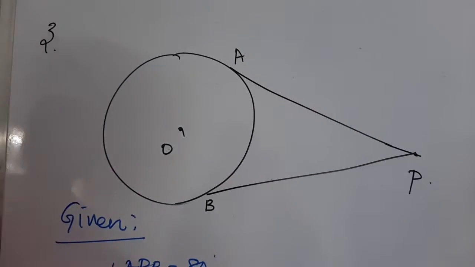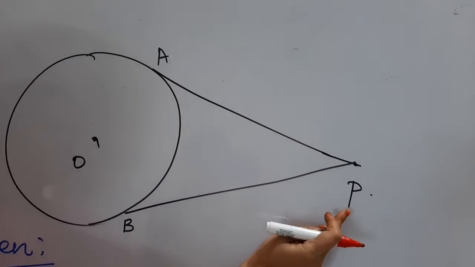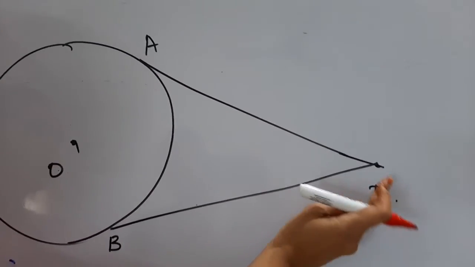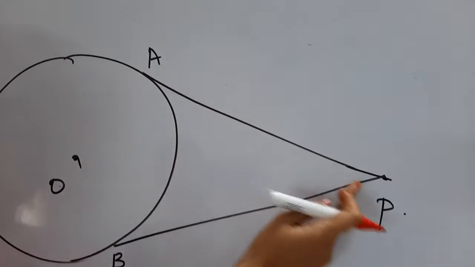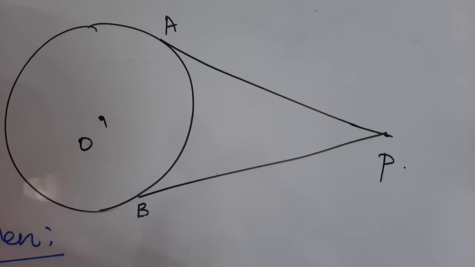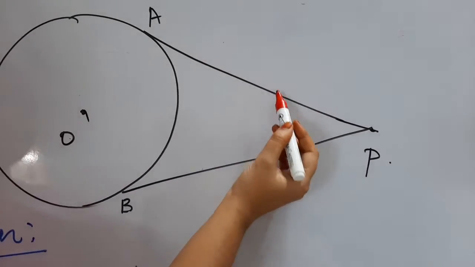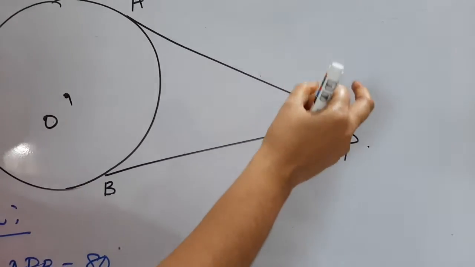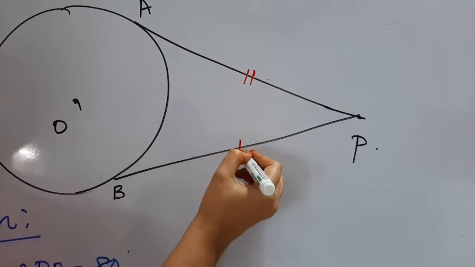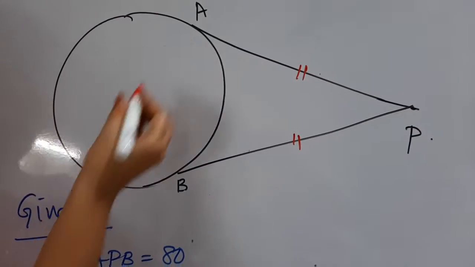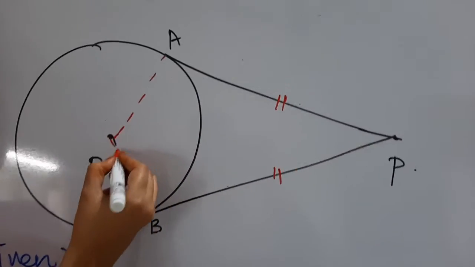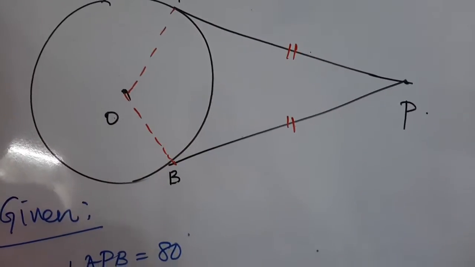Look into the diagram. A point P is taken outside the circle, and from this point P we have drawn tangent PA and tangent PB. By theorem 10.2, what do we know? The length of the tangents drawn from the same external point to a circle is equal in length. Now I am joining OA and I am joining OB.